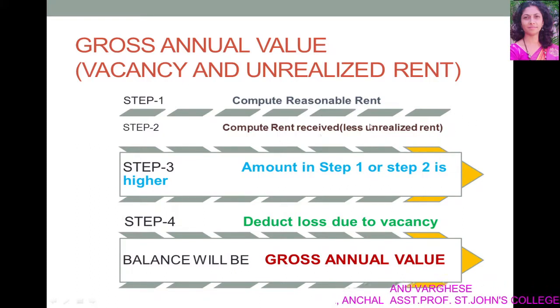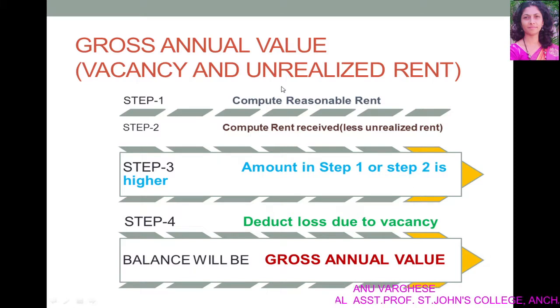Then only you get actual rent received. So expected rent has to be compared with this actual rent received, that is rent received minus unrealized rent. Then you compare step 1 and 2, whichever is higher. From that figure you deduct loss due to vacancy. The balancing figure will be gross annual value.